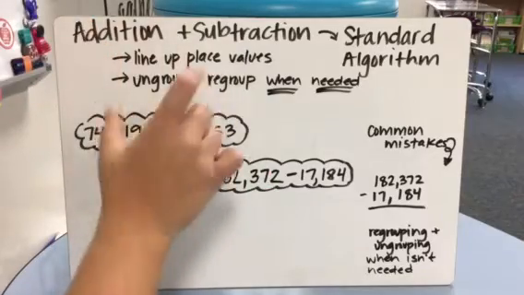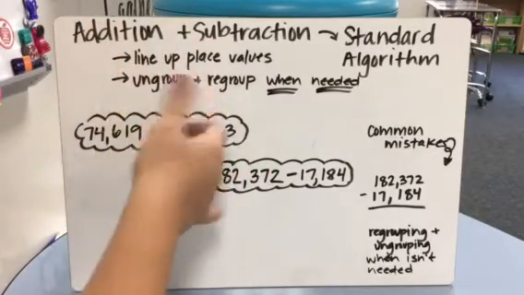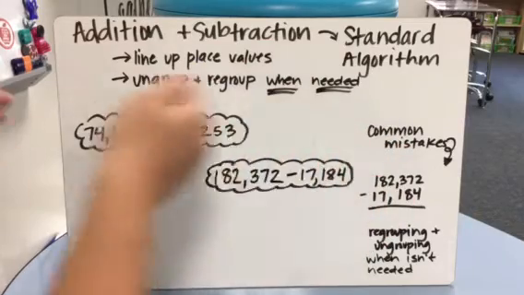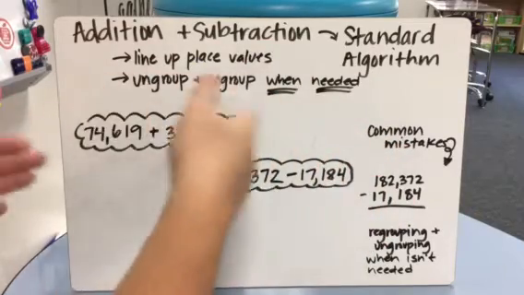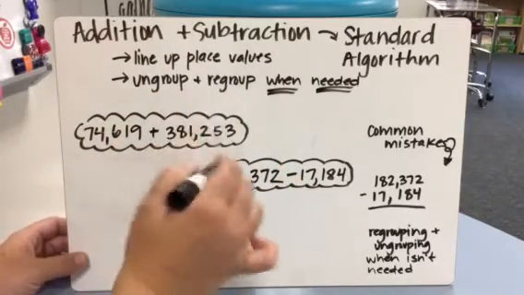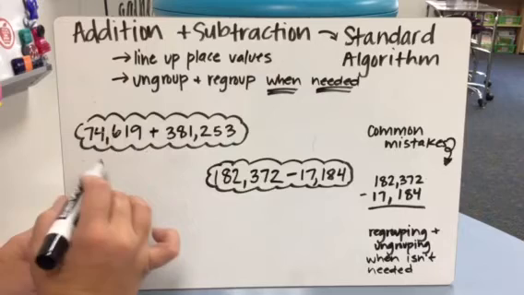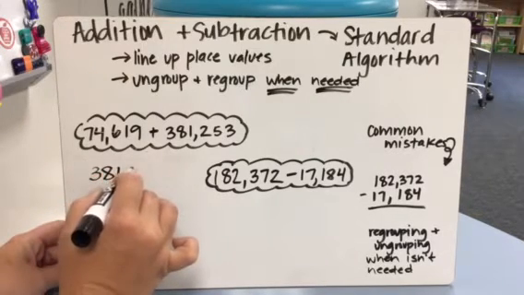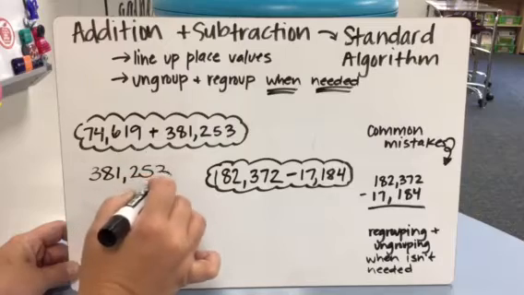That's the commutative property that they've learned from probably first grade, where you can add in any direction and you're going to get the same sum. Now, if fourth graders are more comfortable with the bigger number on top, that's fine if that's what they always want to do. It does not matter. So let me go ahead and write my number here.